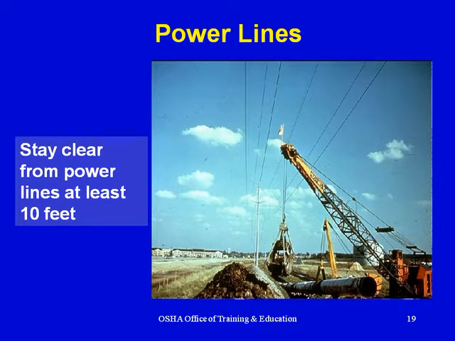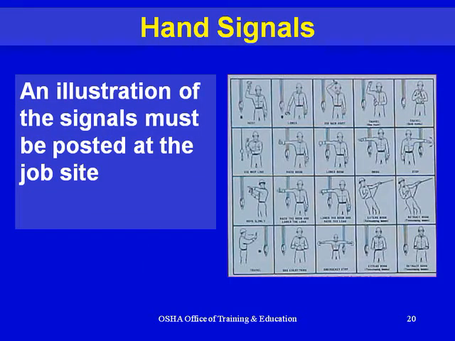Power lines. Stay clear from power lines at least 10 feet. Hand signals. An illustration of the signals must be posted at the job site. Please review the hand signals attached to this slide.